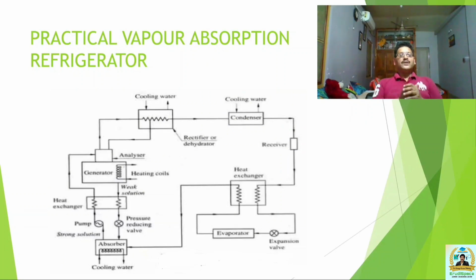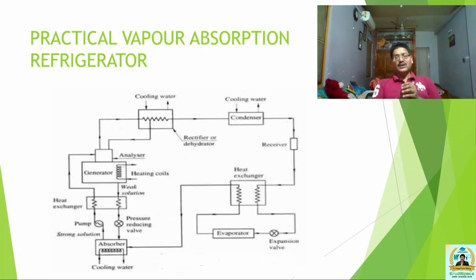The weak solution entering the absorber will have low temperature, so the cooling water required will be less in the absorber. By transferring some amount of heat to the strong solution entering the generator, the amount of heat to be provided is considerably reduced. So we achieve multiple objectives.